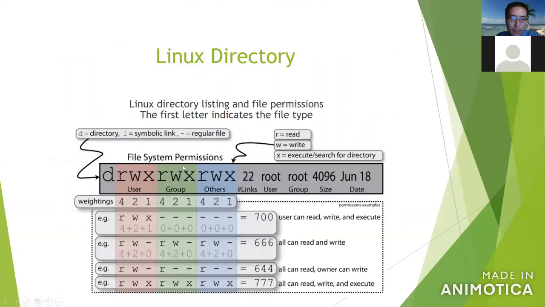So you can see when I list the files or directories, remember we have this drwx, rwx, rwx. The first three are the permissions for the user, for yourself. The second are for the group. Let's use a university as an example.